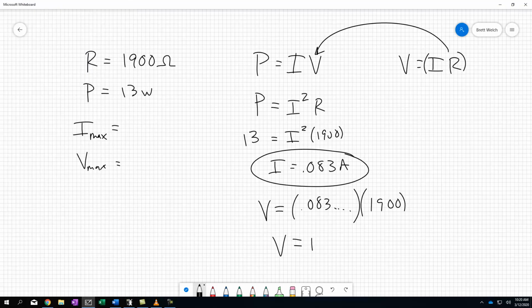So V equals 157 volts. You might get 160. Again, sig figs, we're way past the point of being really particular, but the question had 2 sig figs everywhere. It should be 160 to be perfectly accurate.